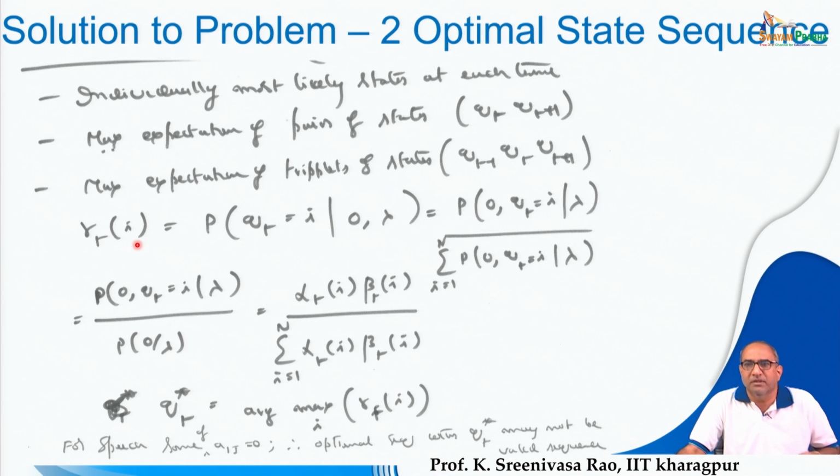Among that, whatever the maximum is, that is the most likely state at time t. You can compute that by using arg max over i of gamma t of i.